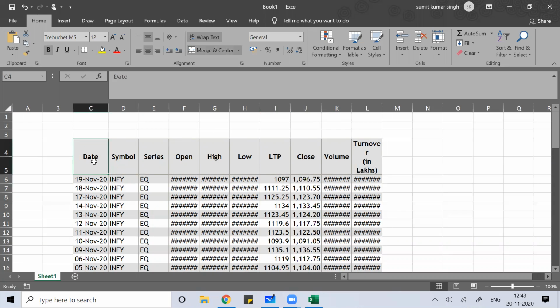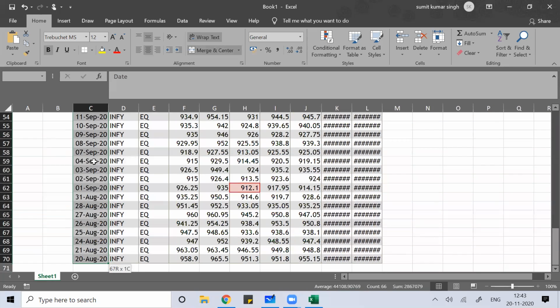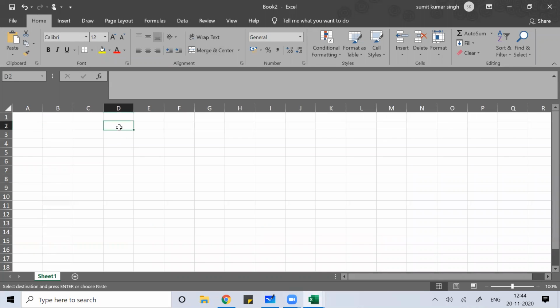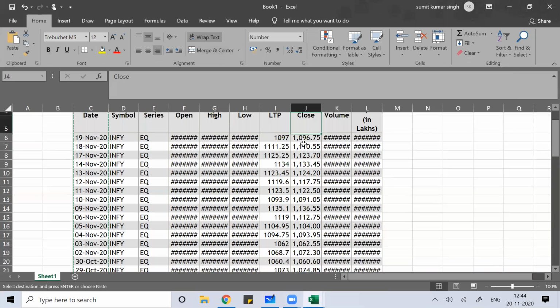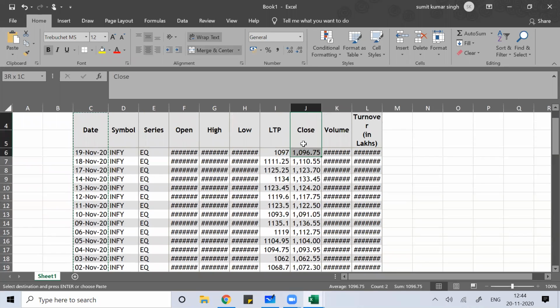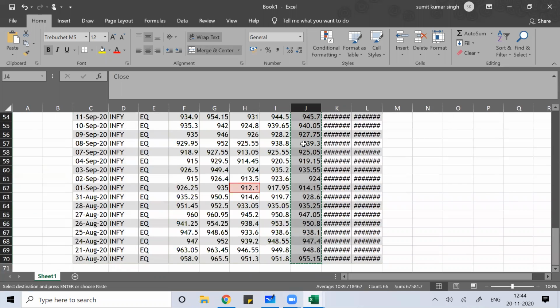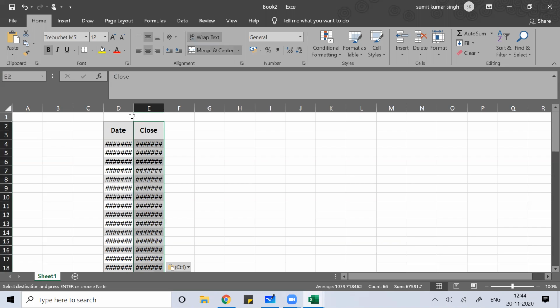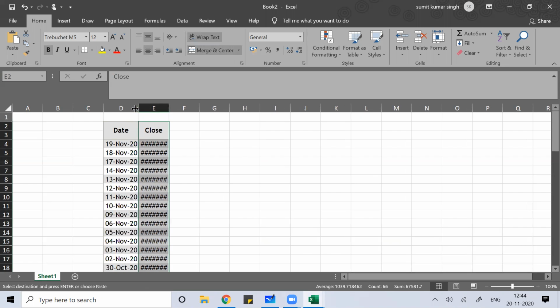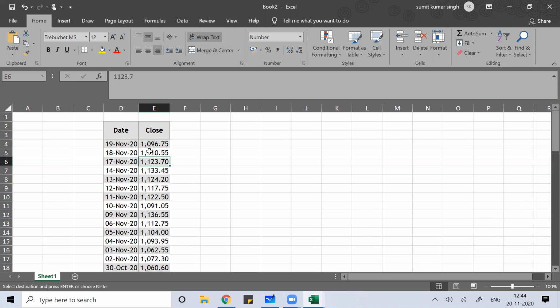So let me take the date first. I just took the date and I put the closing price of the stock.